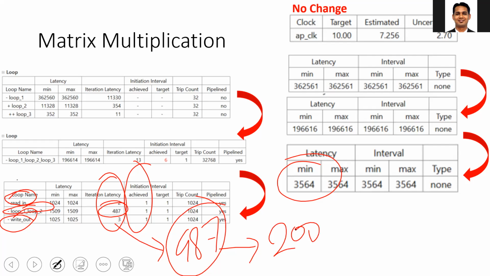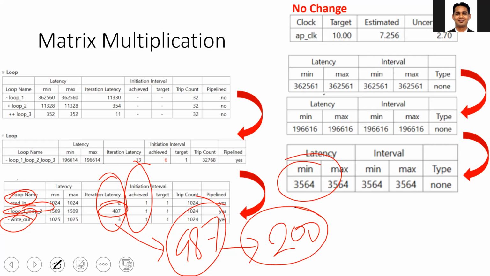So you need to find out the reason I'm getting a significantly higher iteration latency of 487 for matrix multiplication, and if you can give me the reason and the approach to reduce it further, you don't need to submit any homework for the rest of the semester.